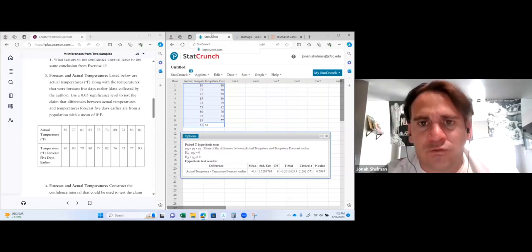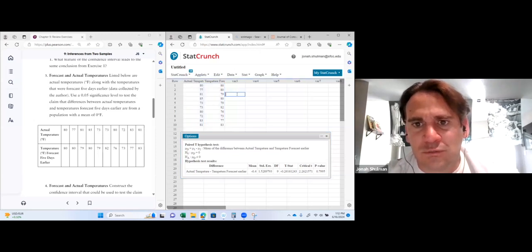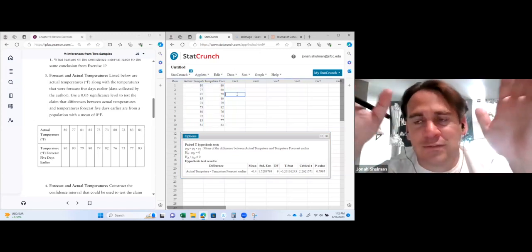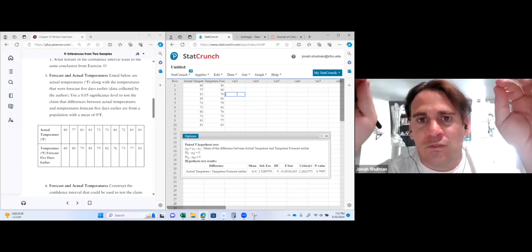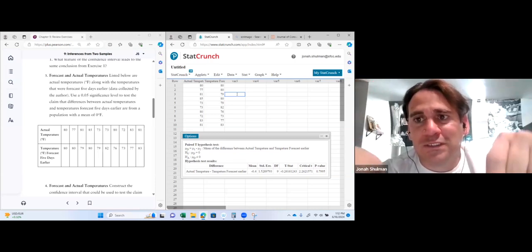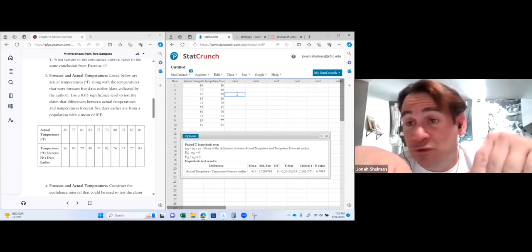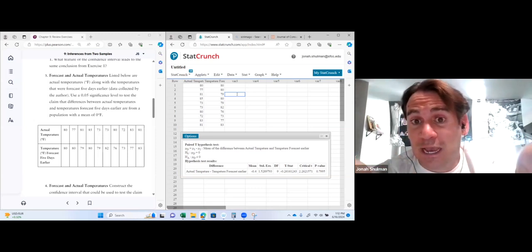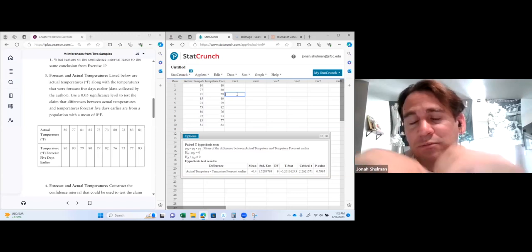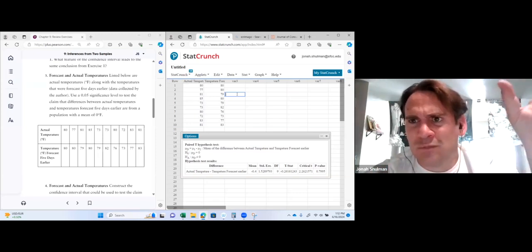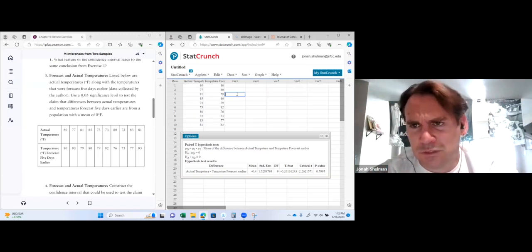However, to me, a paired sample is like the exact same person being tested before treatment, after treatment. They think this is a paired sample because it's the same day. They were using the exact same day, and one was the actual temperature and one was the temperature forecasted. That is why they thought it was a paired sample t-test. Personally, I think they're coming from two completely separate sources.